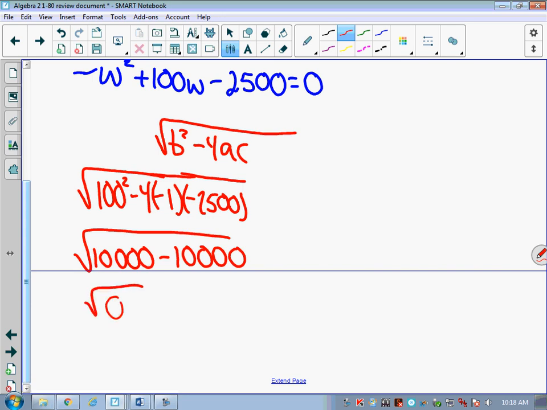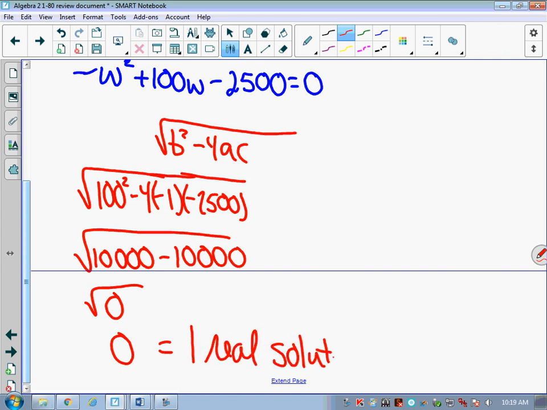So I get the square root of 0. What's the square root of 0? So we're saying that my discriminant is 0. How many solutions do you get when a discriminant is 0? How many? 1. There's one solution. One real solution.